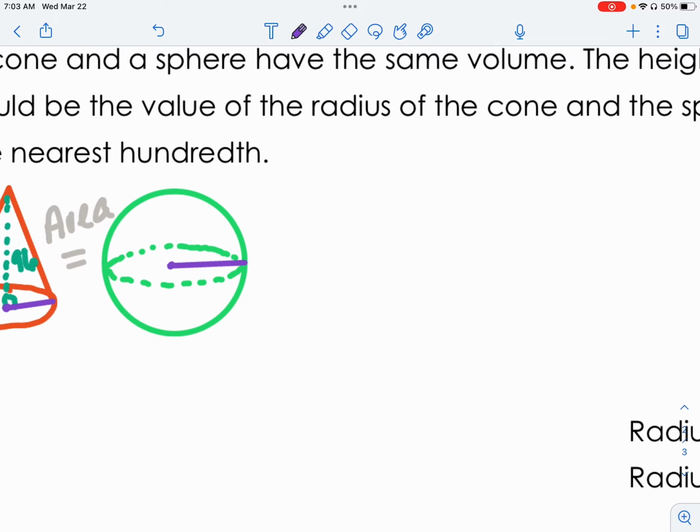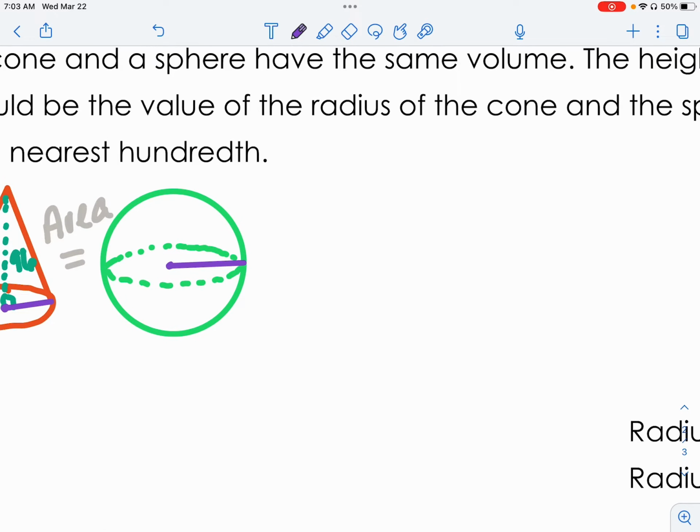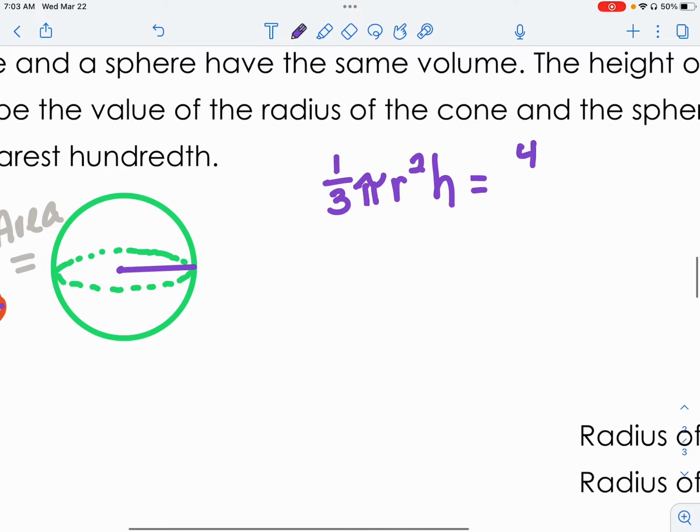So to solve this, if they have the same volume, let's set their formulas equal to each other. For a cone, 1/3 pi r squared h. For a sphere, we just did it above, 4/3 pi r cubed. And we want to get this in terms of r.